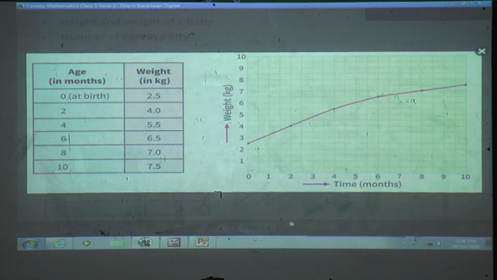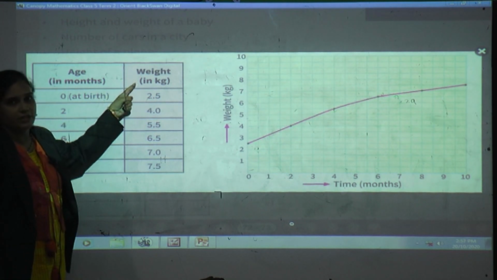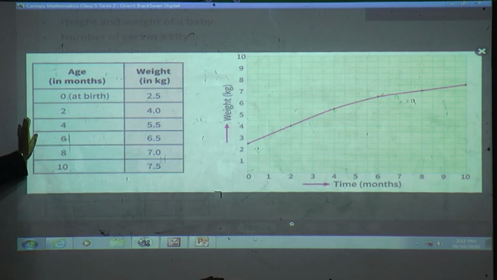See, Aruna's weight from the time of her birth to 10 months is shown in the table. Now here they have given age in months and weight in kg. Okay, so read it carefully. The doctor represented the data on a line graph as shown. The time in months is shown on the horizontal line.